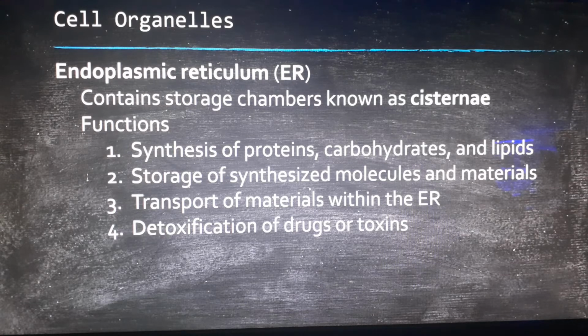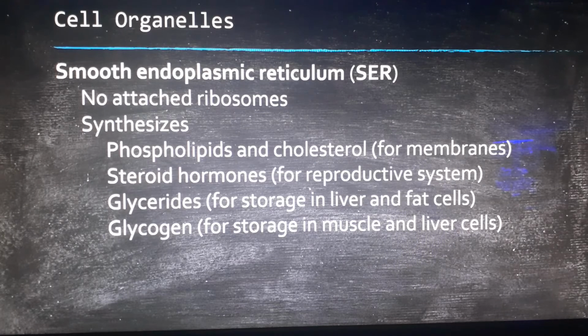or toxins. So again, smooth ER is called smooth because we do not have any ribosomes on it. Fixed ribosomes on the surface is what makes the rough ER rough. Now, since ribosomes are required for making proteins, then you know that there are no proteins being made in the smooth endoplasmic reticulum because it doesn't have any ribosomes.